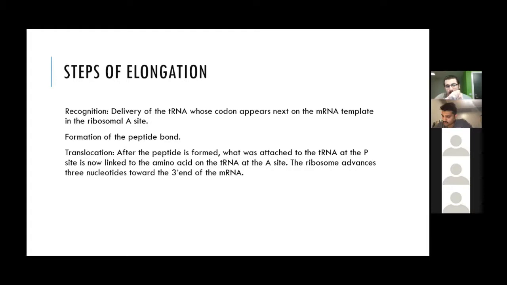Once this happens, you'll have translocation: the tRNA that was on the A site now gets shifted to the P site, and the tRNA on the P site goes to the E site and then goes out of the ribosomal complex.